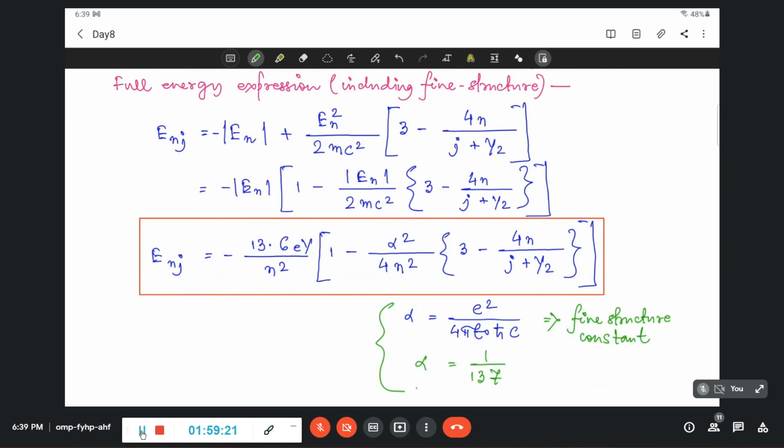It only happens if you take into account the spin-spin interaction of electron and proton, and due to this interaction, your ground state energy splits up into different levels, and these two levels have a transition, and this transition has a frequency. If you convert this frequency into wavelength, that becomes 21 centimeter. And this opens up a new branch in astrophysics, known as 21 centimeter cosmology. So you need to know the result.